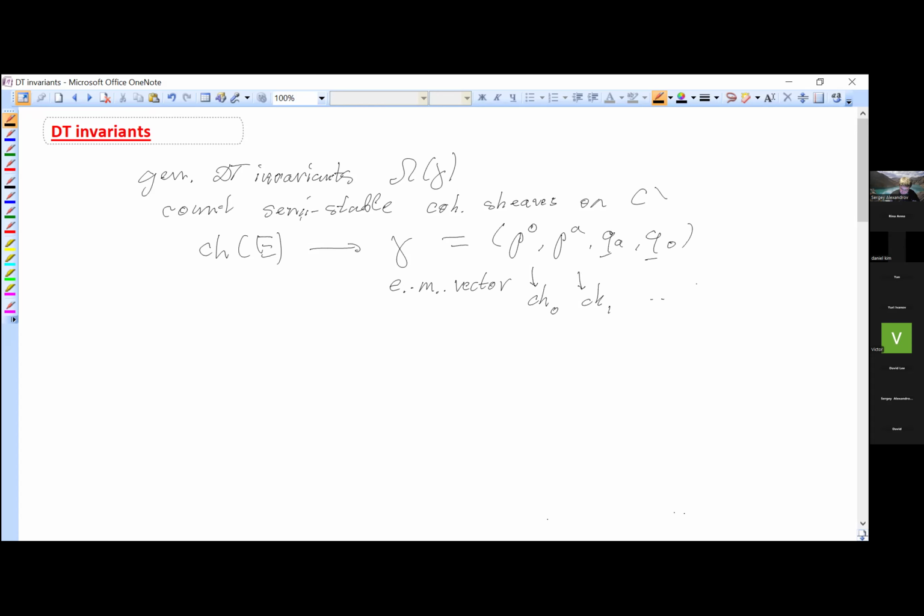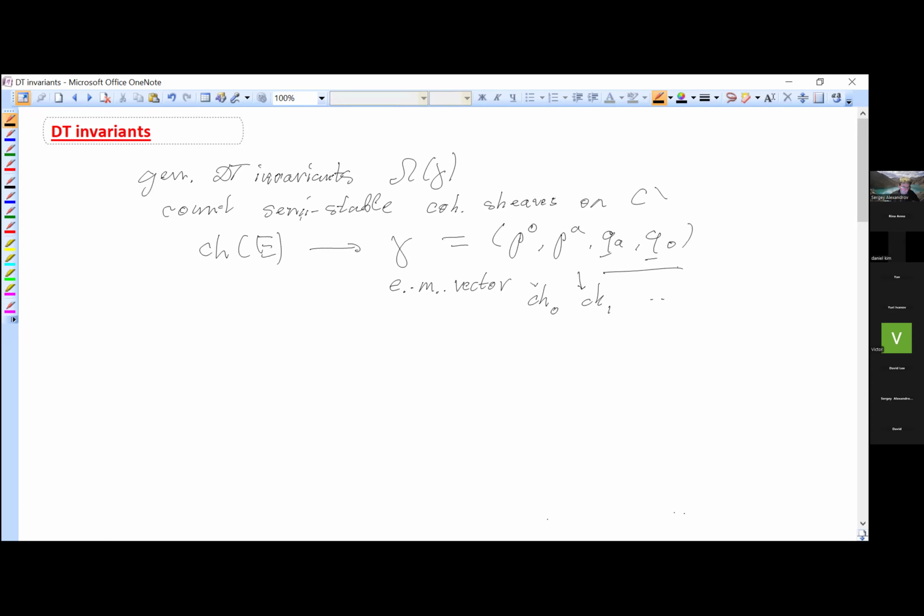There is a very simple linear relation between components of these Chern classes in a basis of even cohomology and these charge vectors. But what is important is that my p's, which I call magnetic charges, are integers, whereas q's will be rational numbers. So there will be some rational shifts in there.